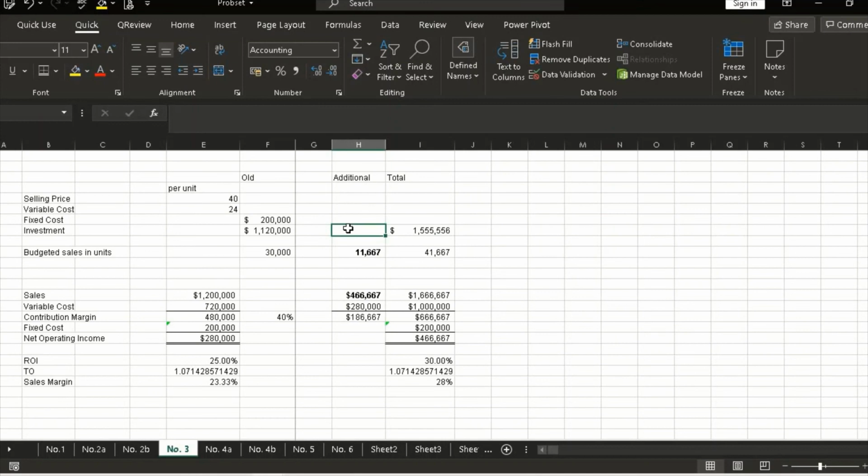And to get the additional investment that should be made, we're just going to deduct from the total investment the current amount of investment. And we will get that the additional investment that has to be made is 435,556. The additional investment will result to the budgeted sales in units of 11,667, which is $466,667.